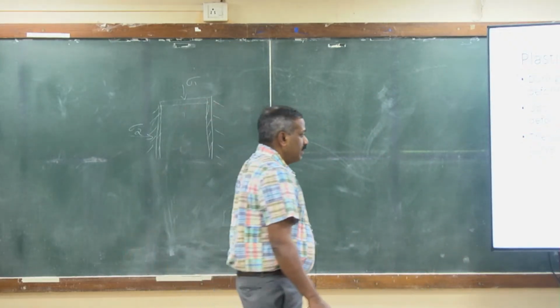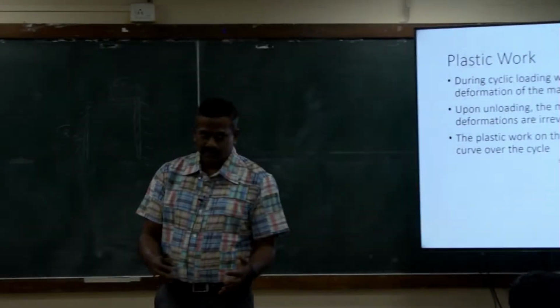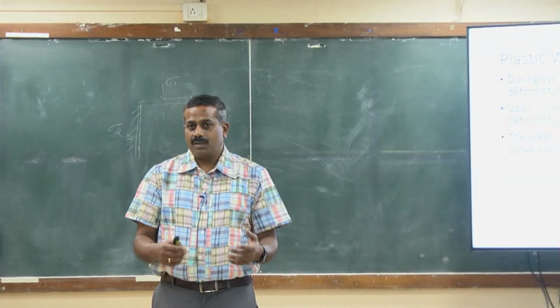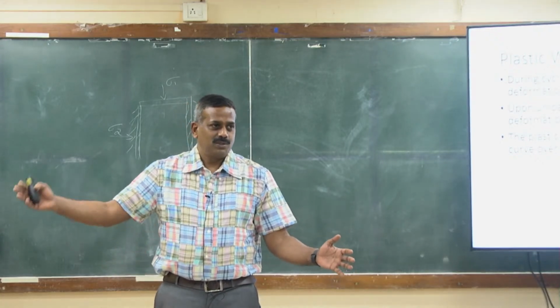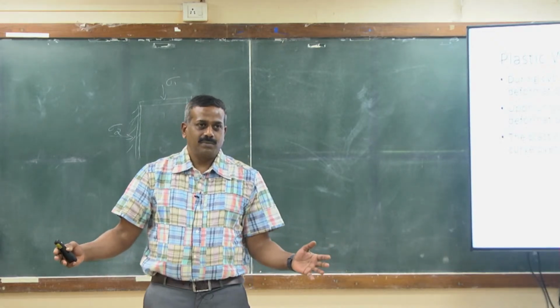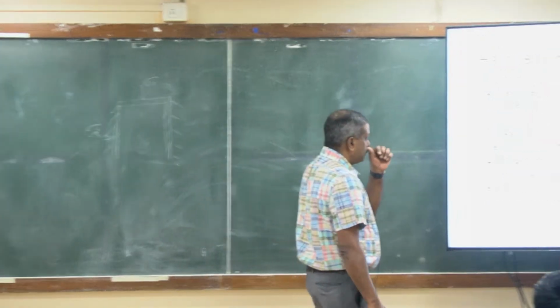Depending on the plastic work, it can change the damage level in those fruits and vegetables, or even grains too. Grains, we handle multiple times, right? When it flows from the farmer's field to a grain storage, FCI godown or something, it's handled multiple times, so it goes through those cyclic loadings, okay?